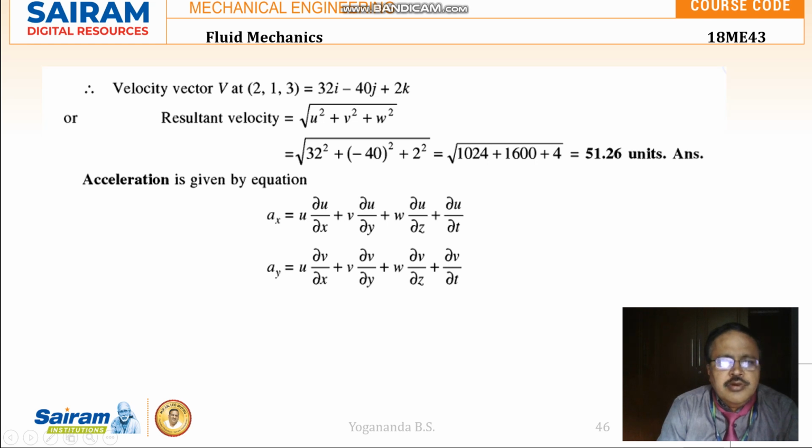Acceleration. So ax is given as u into del u by del x plus v into del u by del y plus w into del u by del z plus del u by del t. Ay is u into del v by del x plus v into del v by del y plus w into del v by del z plus del v by del t.